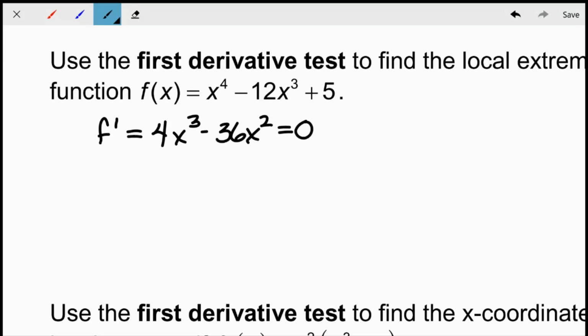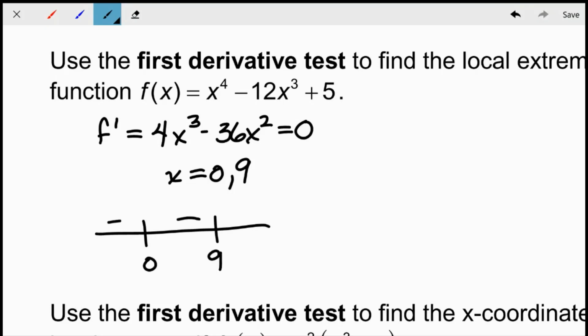And the points we were looking at were x equals 0 and 9. x equals 0 was that double root. So here is 0 and 9, and we had minus, minus, plus in this sign chart. That's the exact same problem we looked at back in 4.1.